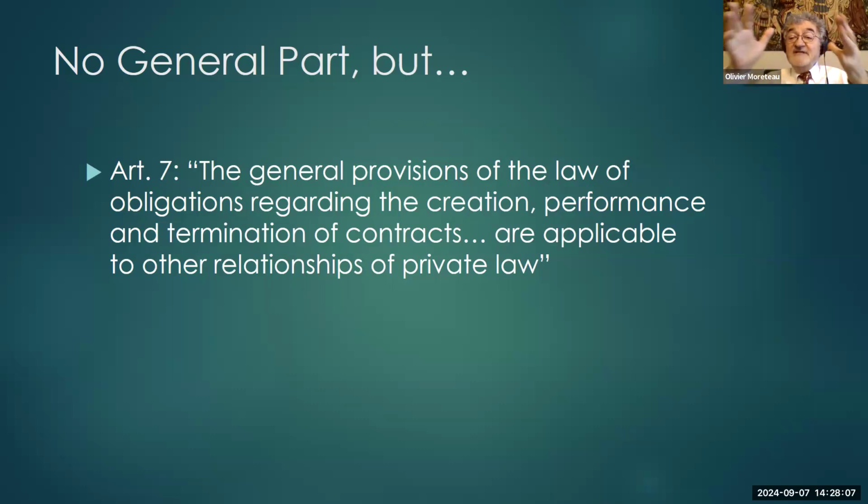That is a very smart way of saying that if you don't have a detailed rule, for example, on the creation of a marriage settlement or marriage agreement, or regarding testaments, or regarding adoption, etc., rules of consent regarding the creation of this instrument can be found in the book on the law of obligations, which is, by the way, the earlier code of obligations that has been annexed to the Civil Code.